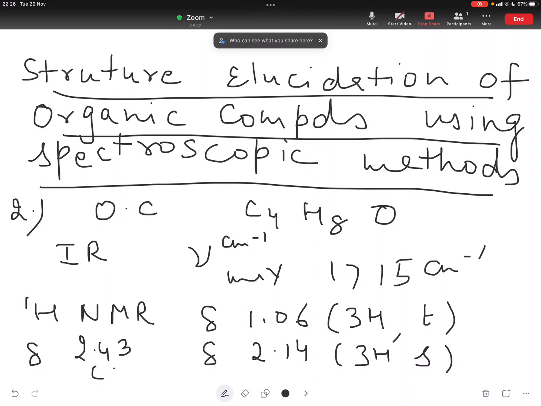This is due to 2 protons and this is a quartet.